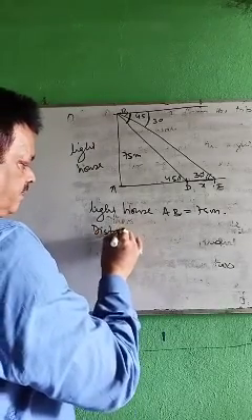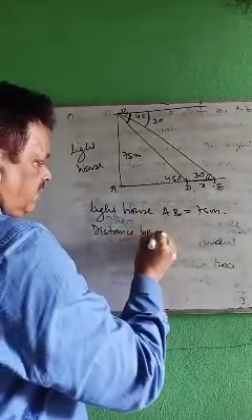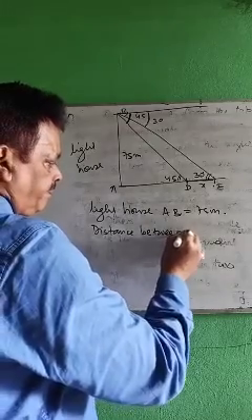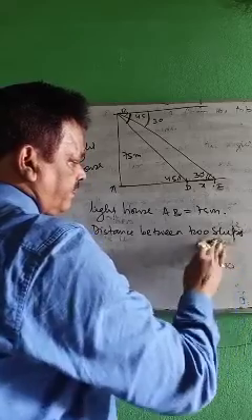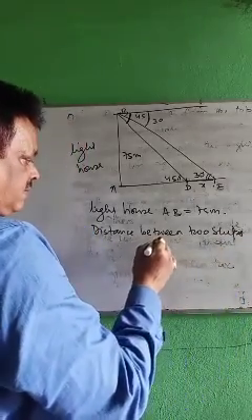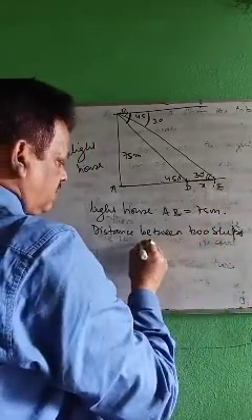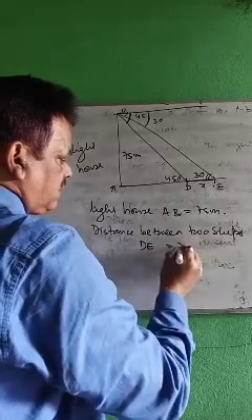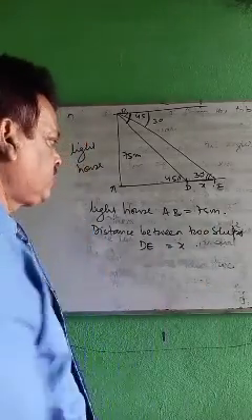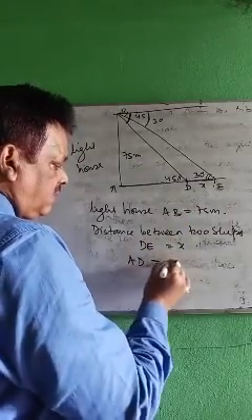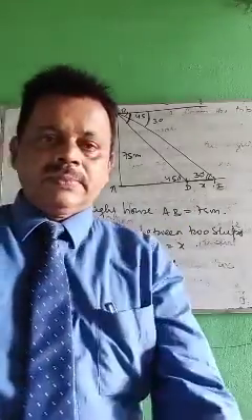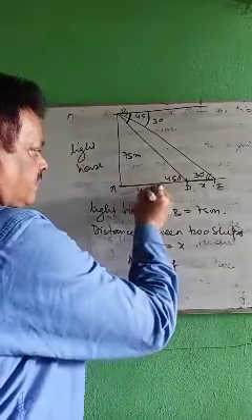Distance between two ships is x, DE, which is x. Suppose your AD you have taken as y. Okay, that means this is y.